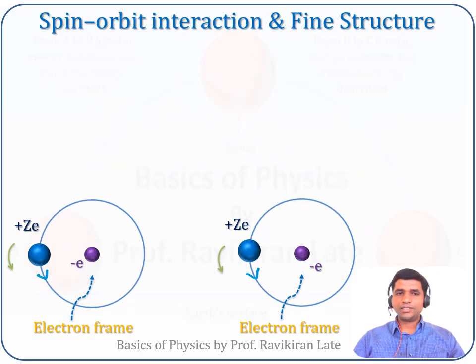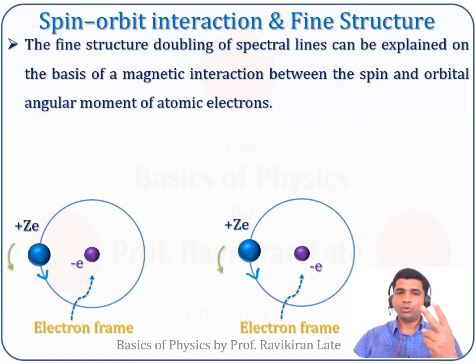Now if you consider this electron spin interaction energy due to the magnetic field which is created by the orbital motion of the nucleus, and the spin magnetic dipole moment of an electron, this magnetic interaction energy will have two orientations.